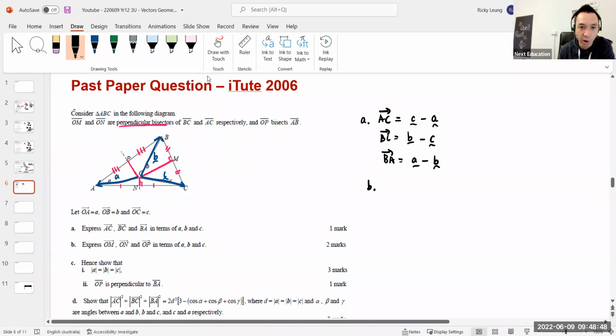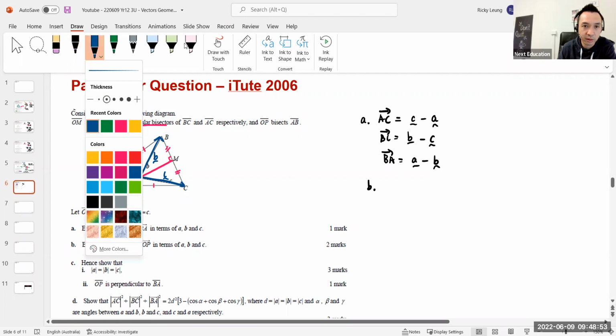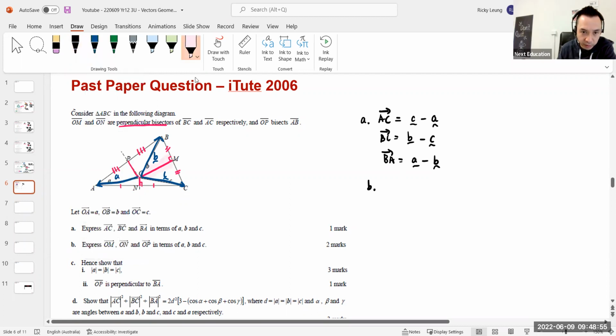Now, express OM. Okay, cool. So I need to now find this vector in the middle here, in terms of A, B, C. There's a few ways to do this, but the way I'm going to do it uses the fact that it's a perpendicular bisector. If I extended this guy out to be a perpendicular bisector, essentially the blue is a parallelogram.